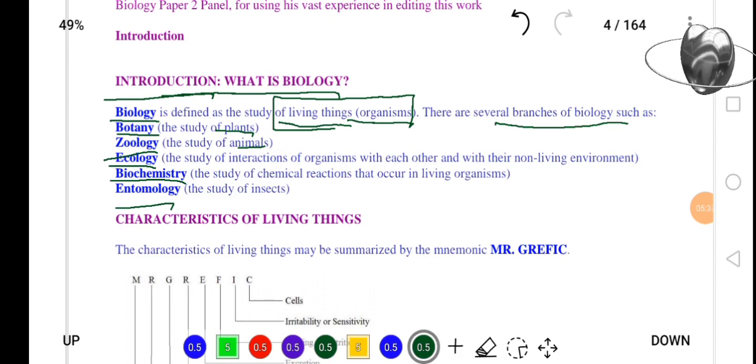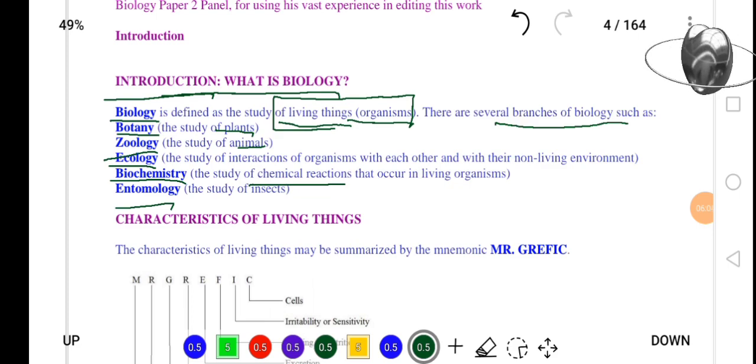Biochemistry. This is the branch of biology which links biology to chemistry. We have chemical reactions that take place in the living organisms, definitely the living cells. Look at the process of respiration in animals and plants.